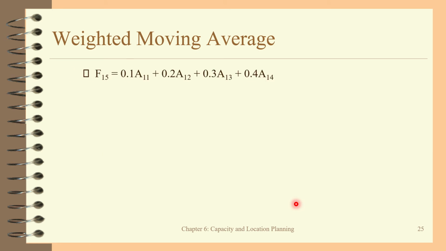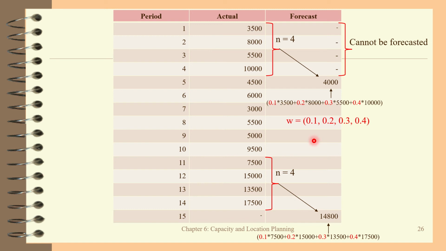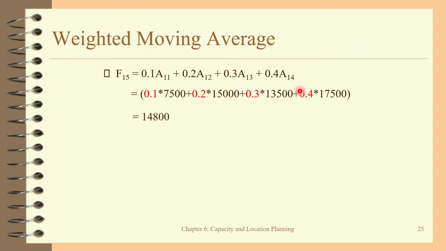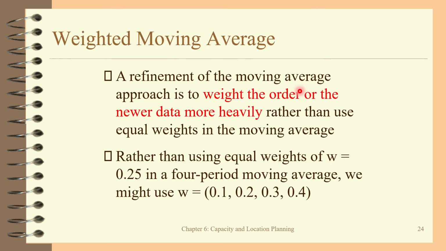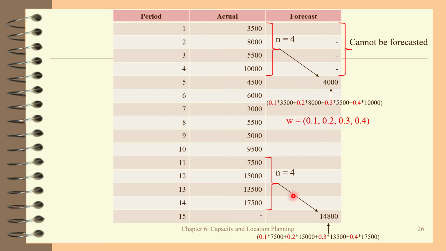So according to weighted moving average, if you want to calculate the forecast demand, again, n equal to 4, because you have four weights: 1, 2, 3, 4, so you can know that n equals 4.